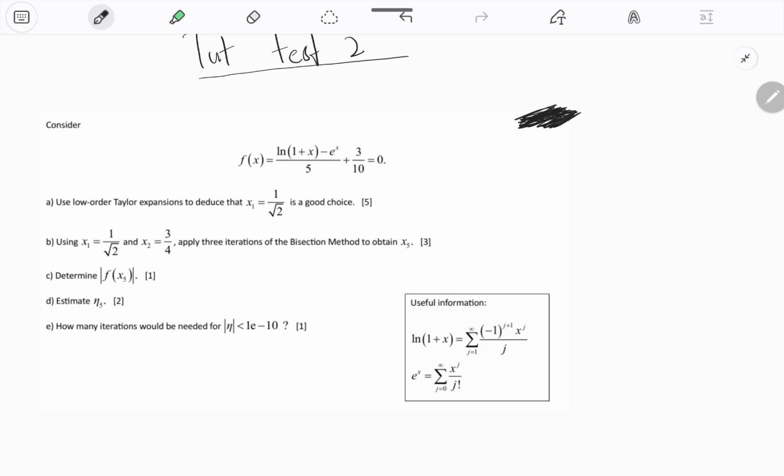Okay, let's start. These are 5 questions, literally from just this one question. Use a Taylor polynomial expansion to deduce what is being asked. That is a good choice. They also gave you some useful information here, so you don't need to do the whole Taylor approximation by yourself.